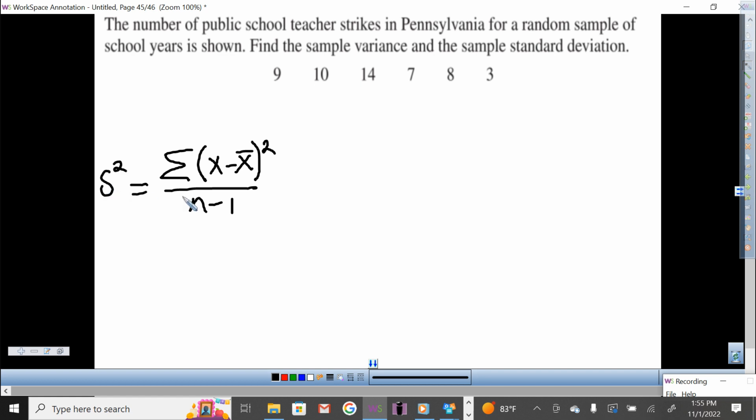Hands if you agree with that. Tell your neighbor why we're going to use that one. Yeah, because it says here a random sample.